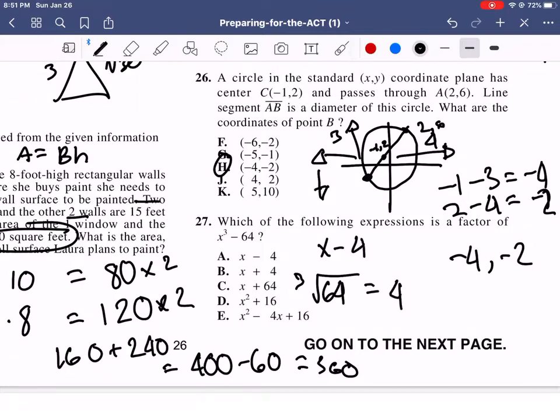If you FOIL it out, it works out. So that's the only thing that is a factor, which is A, 27. You don't have to memorize the whole long formula, just know that x to the power of 3 minus a perfect cube will always have a negative in each factor.